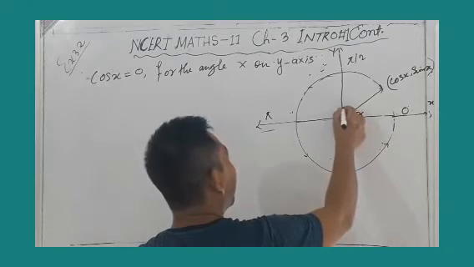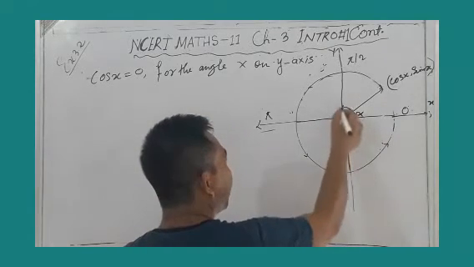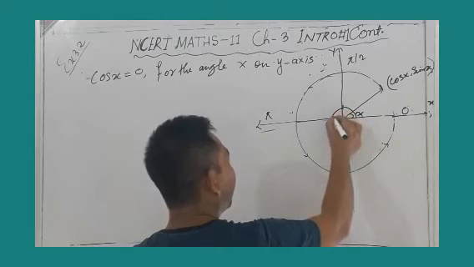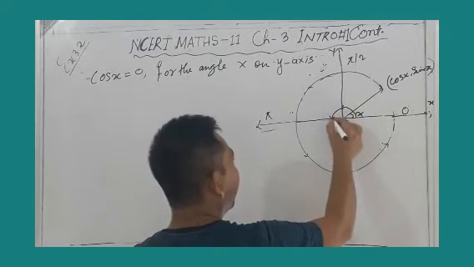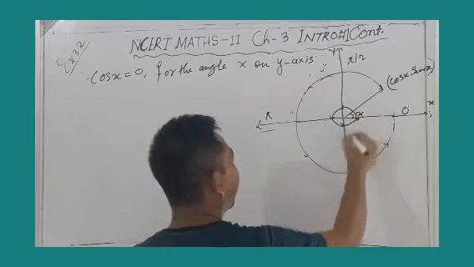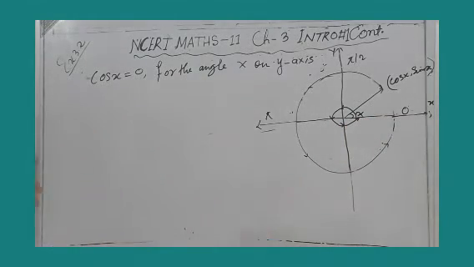Now let us start. It keeps rotating. How many turns is it completed? One turn. Then how many pi will be added with pi by 2? 1 pi.